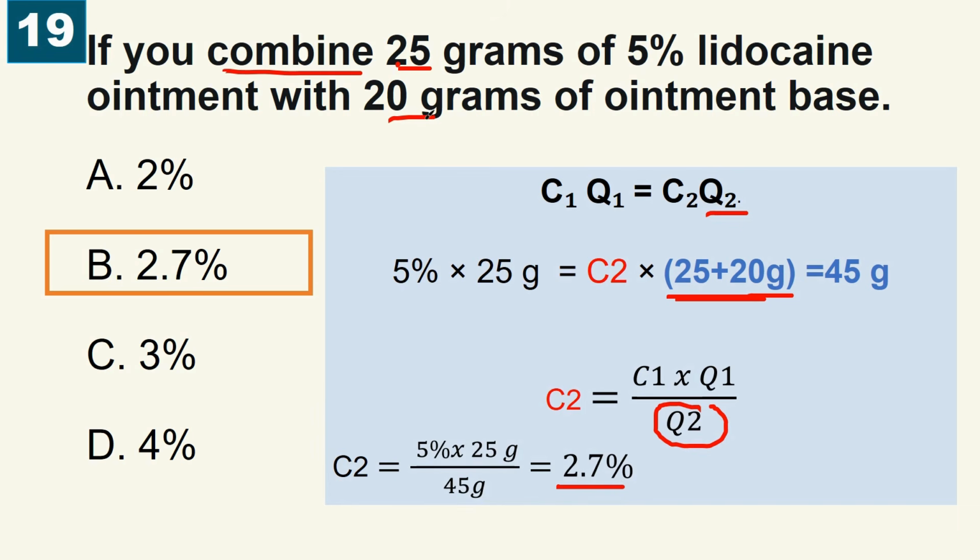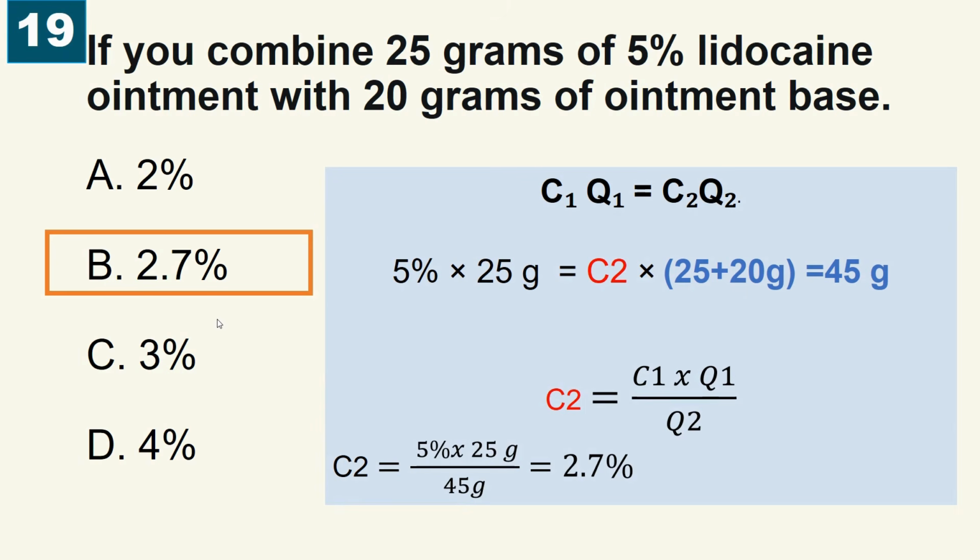After adding 20 grams of base to the 5% lidocaine, the new mixture will be 2.7%. Obviously, it will be a lower percentage compared to the original 5%.